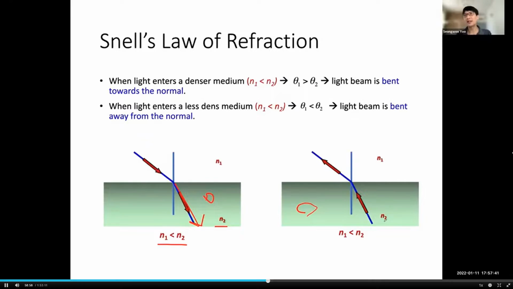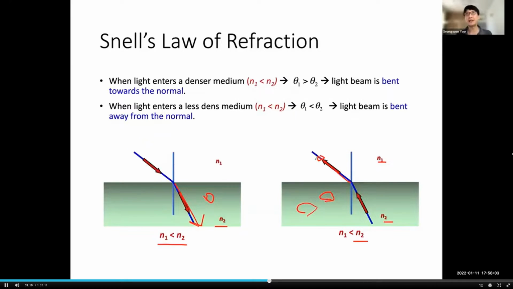Here, our incident light is in the medium with a higher refractive index. And when it refracts out to the upper medium with a lower refractive index, it will bend along this direction because n2 is higher than n1.